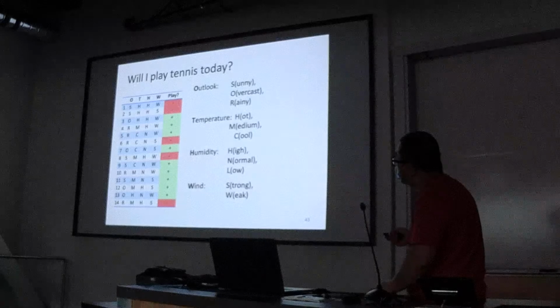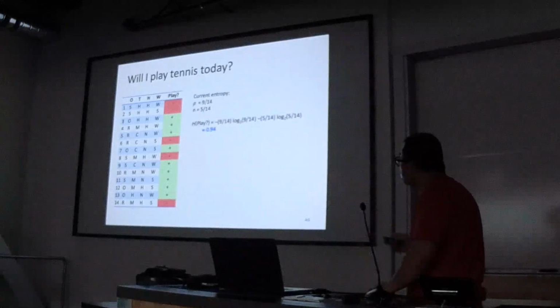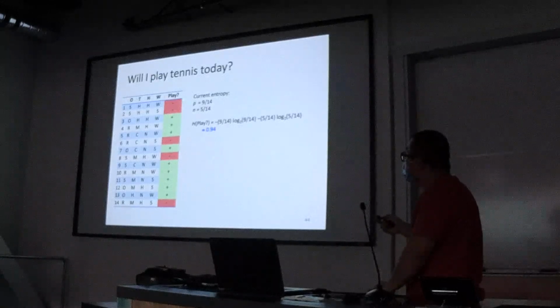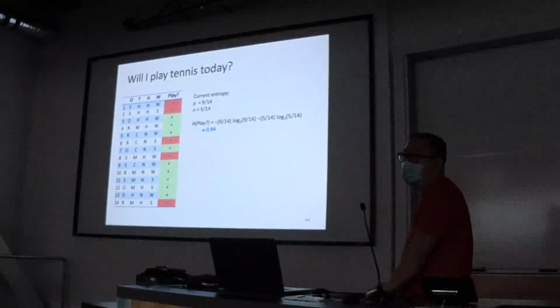So what is the entropy for this whole data set? We just look at the positive ratio and negative ratio. We have 9 positive examples and 5 negative examples, so the positive ratio is 9 over 14 and the negative ratio is 5 over 14. Then we just use this formula to calculate the entropy, which is 0.94.